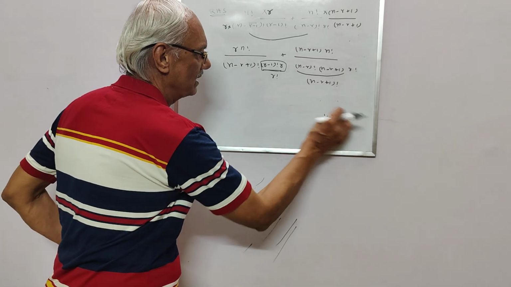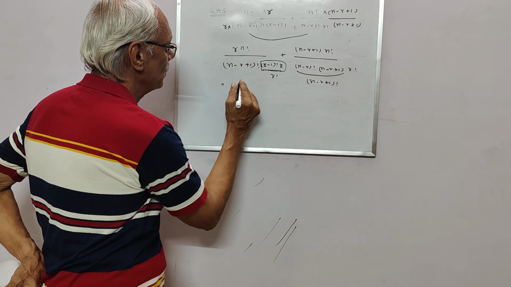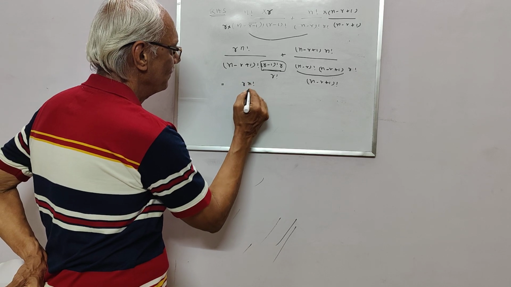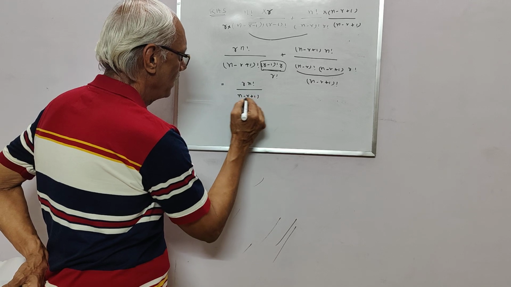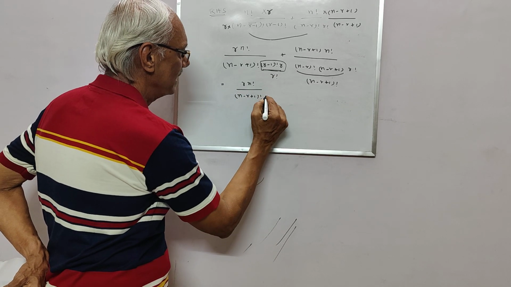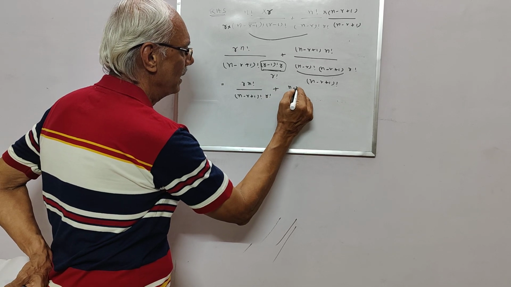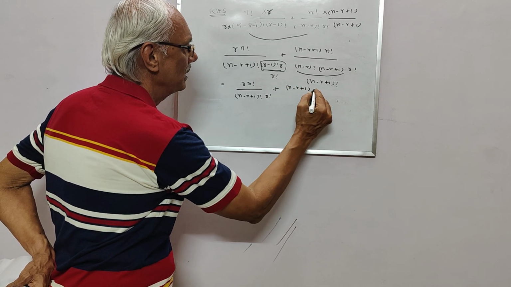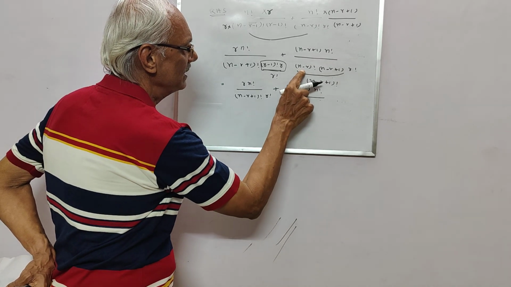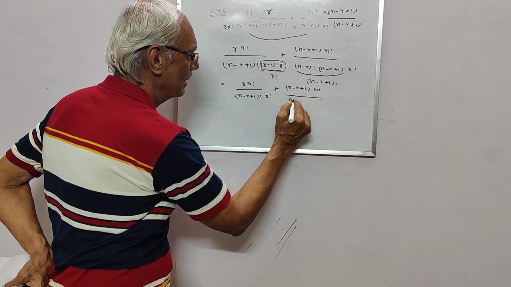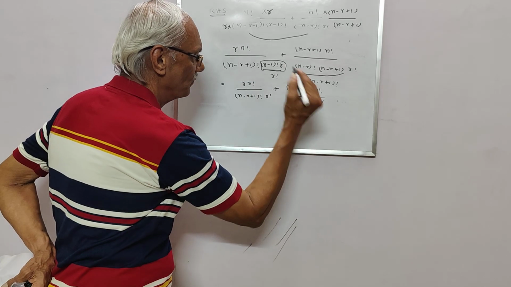So this is what I have. Now what will you get here? So this is equal to n factorial divided by n minus r plus 1 factorial, r factorial, plus n minus r plus 1 into n factorial divided by, this and this will give you n minus r plus 1 factorial into r factorial.